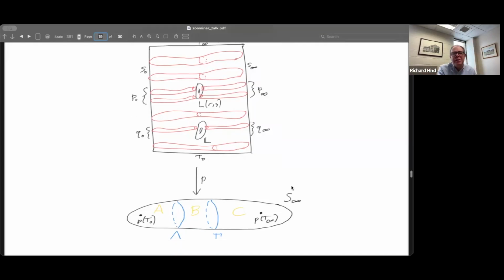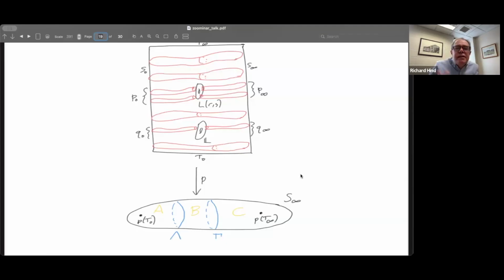So if we assume that's true, then when you project to S infinity, the projection of L RS and the projection of gamma are going to be disjoint, because there are no leaves that go through both L RS and bold L. So the projections of the two tori in this picture are going to divide S infinity into three regions, A, B, C.